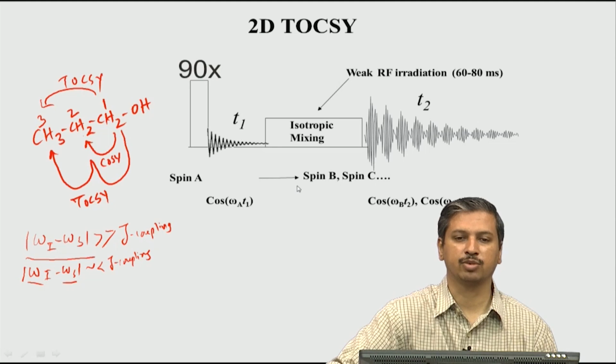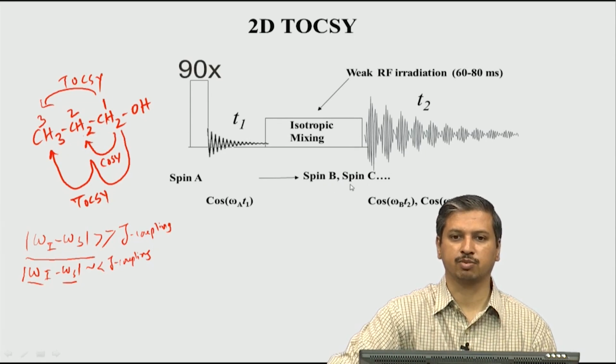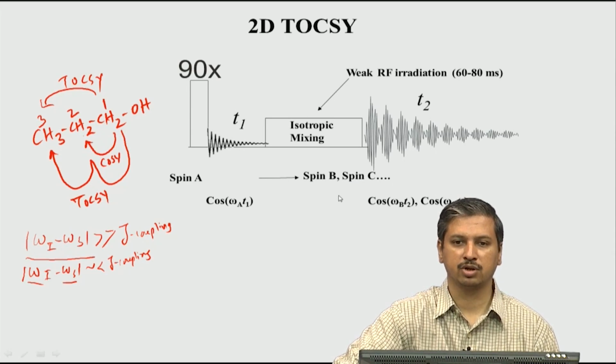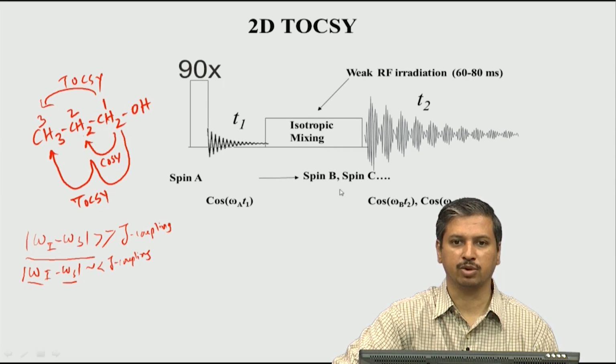So, you see that what happens is that because of this coupling, because of the spin A to B, there is a transfer of magnetization from A to B, and during this period B to C also transfer takes place, and therefore, you get the chemical shift of C as well in the FID. So, the final FID now contains not only the chemical shift of B, but also it contains the chemical shift of C. But where is the chemical shift of C coming from? Because of transfer from A to B to C.